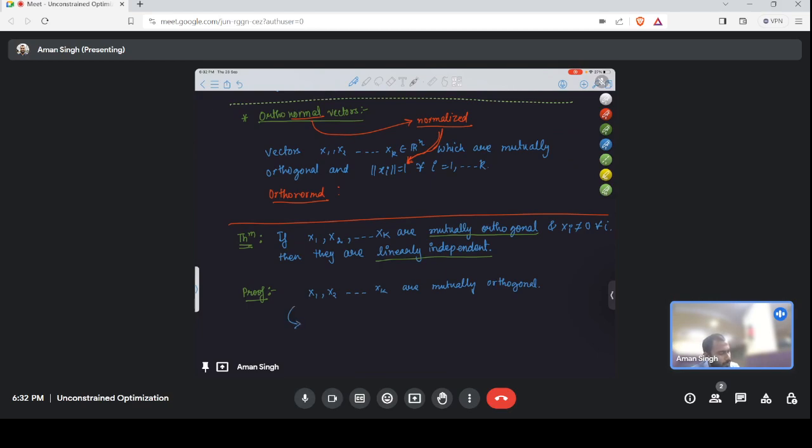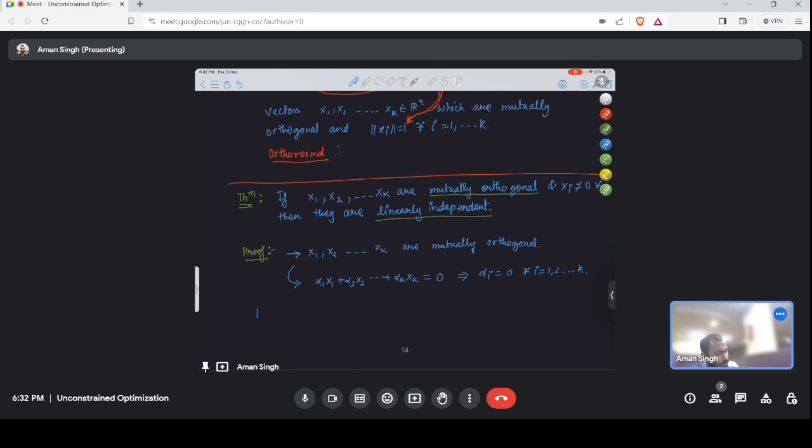If we prove that alpha 1 x1 plus alpha 2 x2 plus ... plus alpha k xk equal to 0 implies alpha i equal to 0 for all i from 1 to k, then we have proved the above statement.